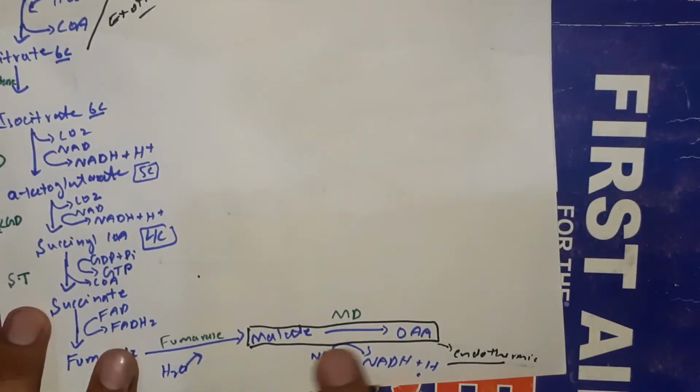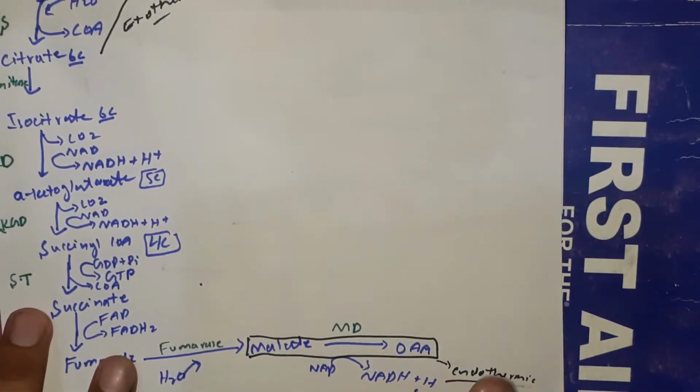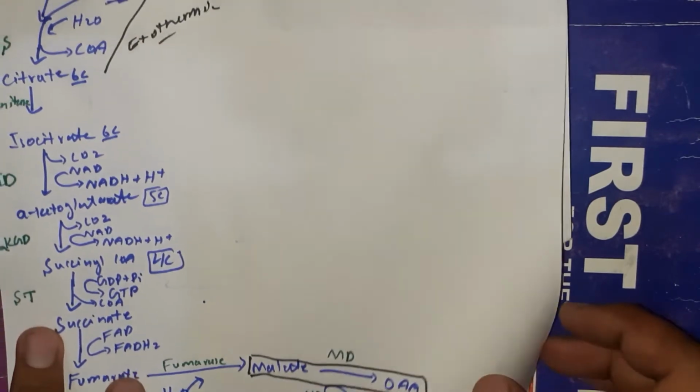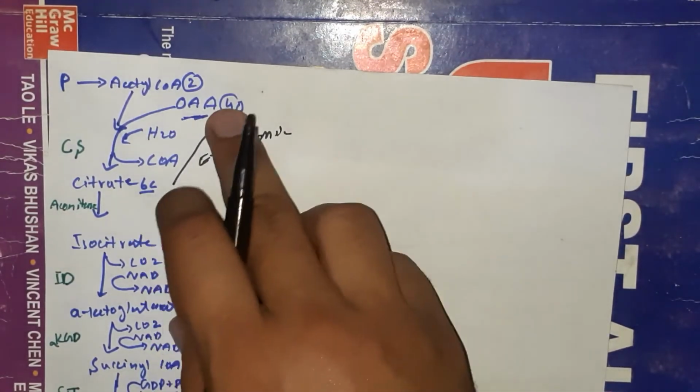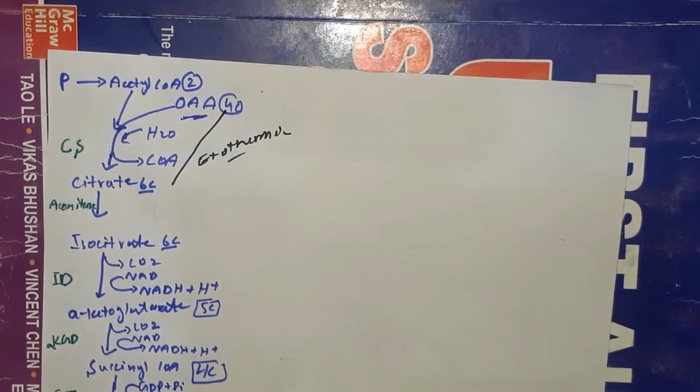So the conversion of malate to oxaloacetate is in the forward direction despite being endothermic, due to the exothermic nature of the citrate synthase reaction. So this is an important MCQ regarding the exam.